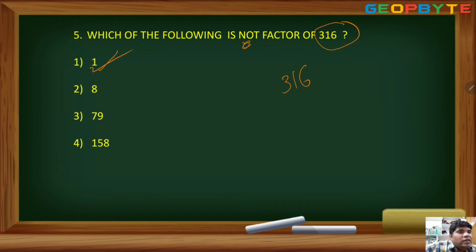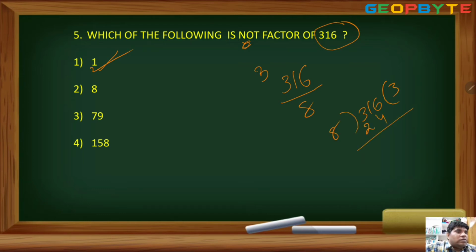Okay. Then is 316 divisible by 8? Right or wrong? You can check. 8 threes are 24, 8 nines are 72.